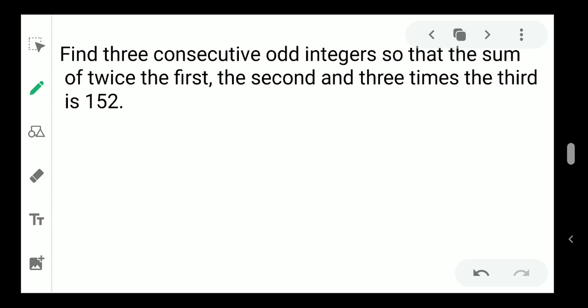Find three consecutive odd integers so that the sum of twice of the first, the second, and 3 times the third is this much. It's very easy math. Three consecutive odd integers means like how we have done 13, 15, 17. So this number will be x.